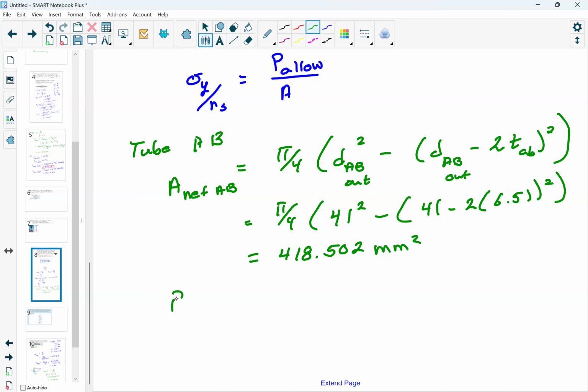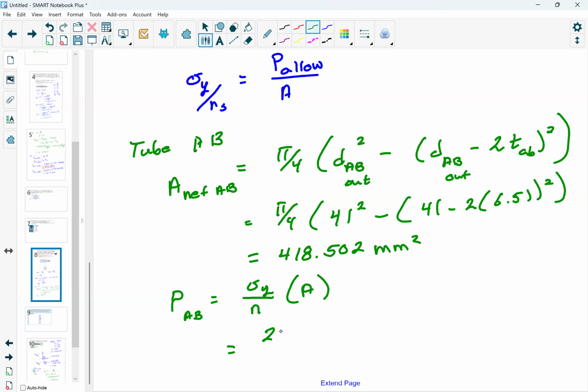So our force that this can handle, and this is tube AB, right? That's going to be our sigma sub y divided by our safety factor times our area. All right, and so my area ended up being 418.502.